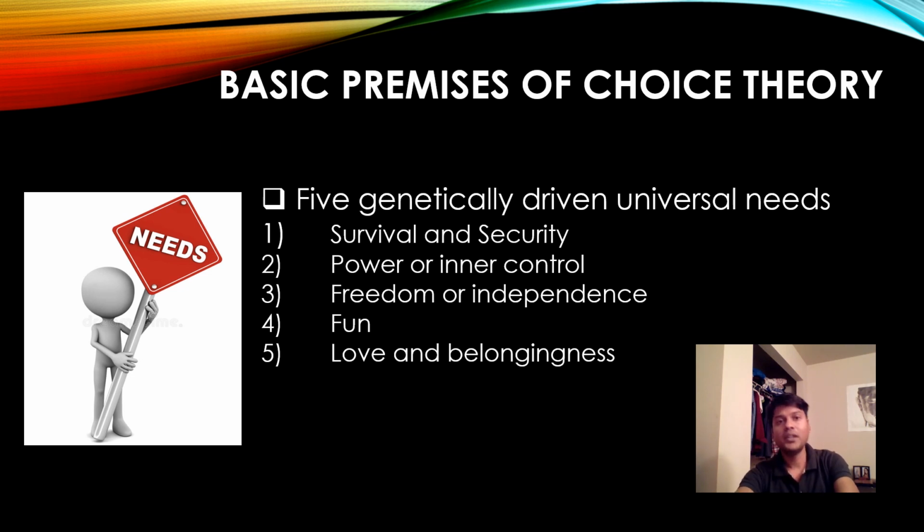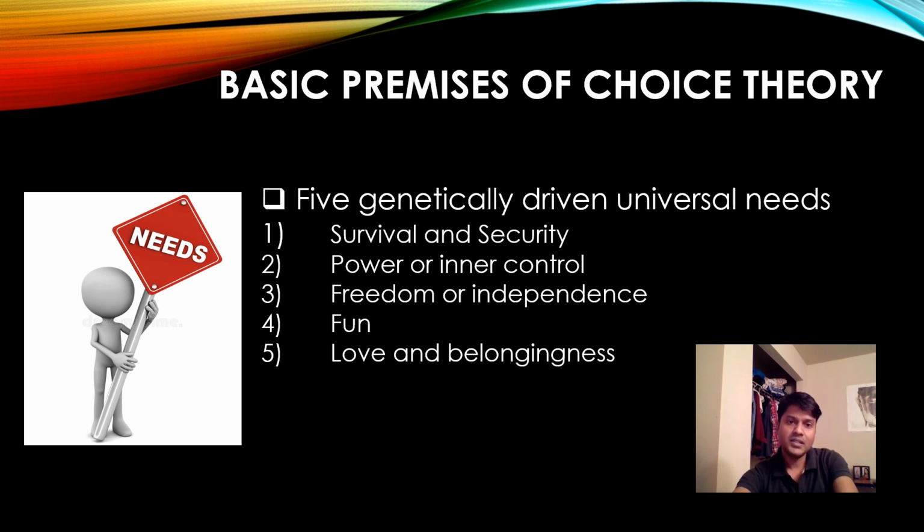And the final one he talked about is the need for love and belonging. The need to love and belong includes the need for relationships, social connections, to give and receive affection, and to feel part of a group or society.